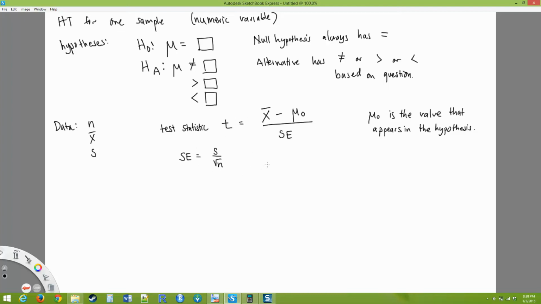What do you do with the test statistic? Once you have your test statistic, you look it up in the reference table.